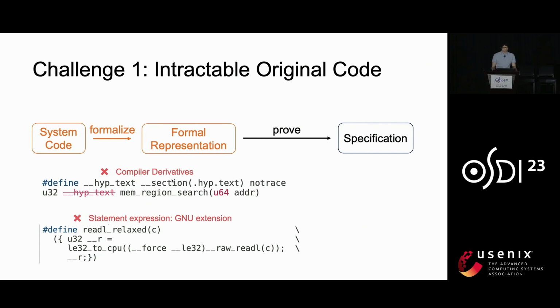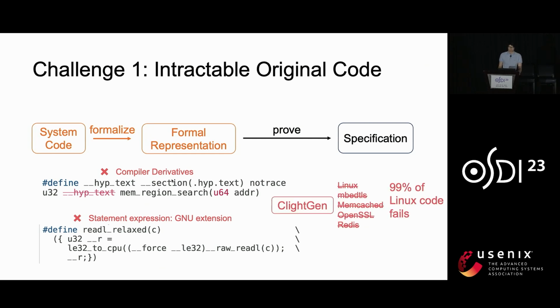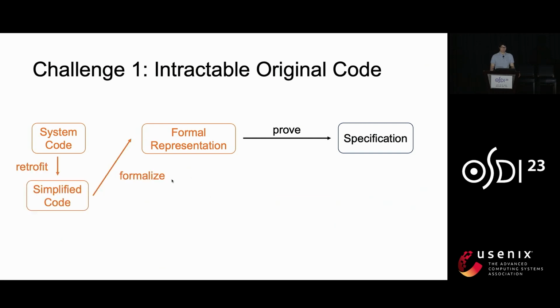Most verification tools do not support any of them. For example, CLI-Gen is a widely used tool to formalize C code into the Coq proof assistant. But when we test it on 5 open source projects, it fails to pass any of them. And over 99% of the Linux kernel fails due to these unsupported language features.